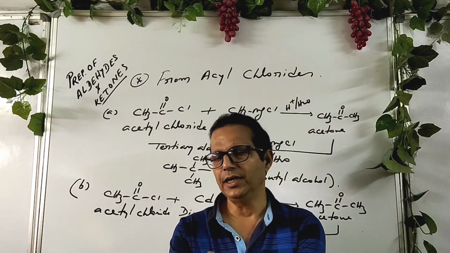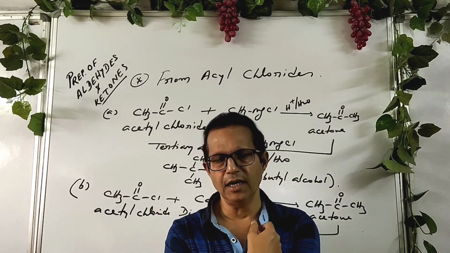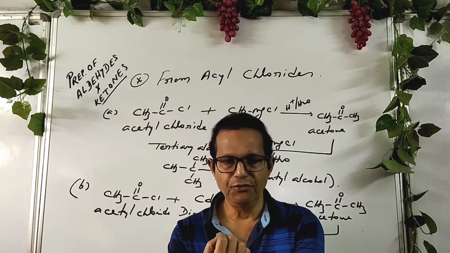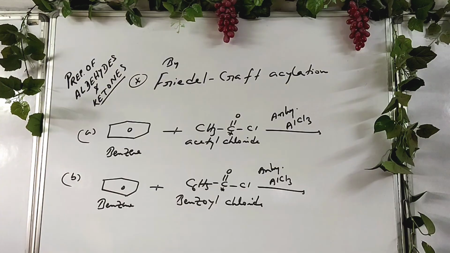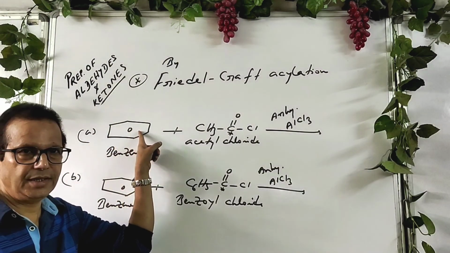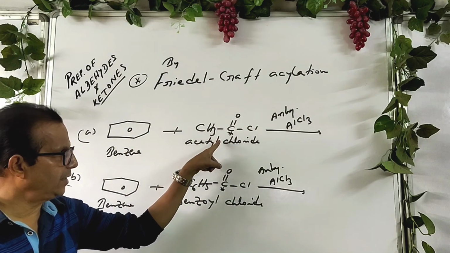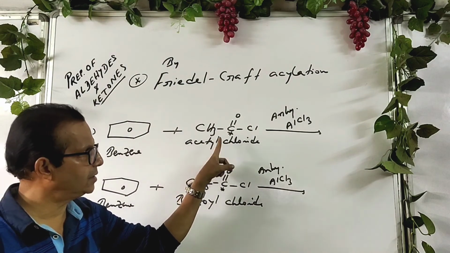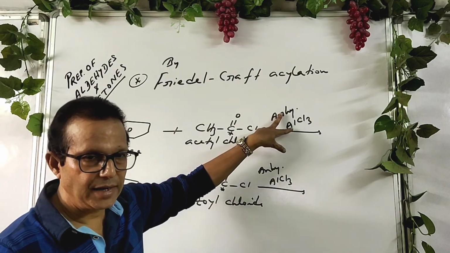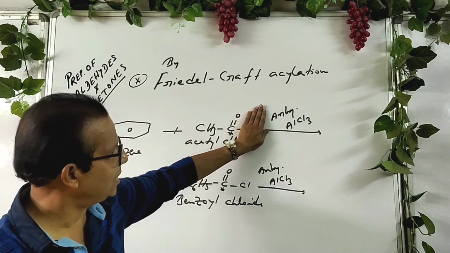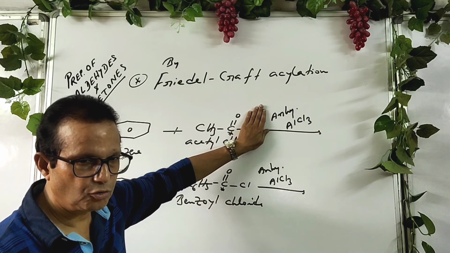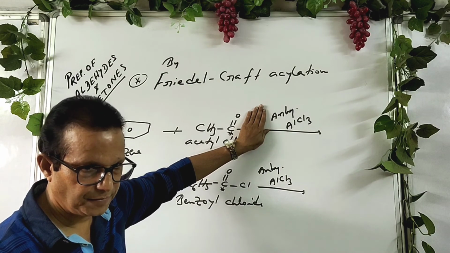Okay, so let's understand the technique of Friedel-Crafts acylation reaction. When benzene is treated with acetyl chloride in presence of anhydrous aluminum trichloride, then the acyl group or methyl ketone group is introduced on benzene.